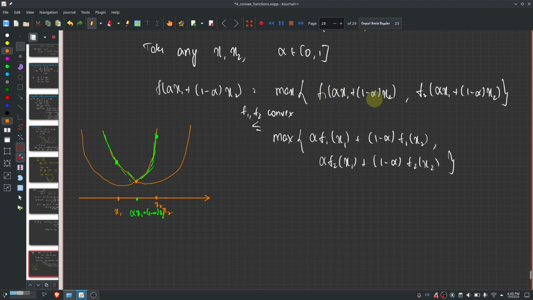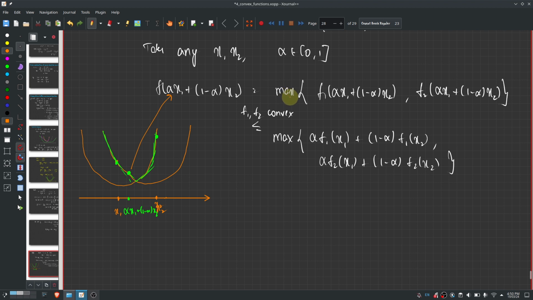Now, what about f1 of alpha x1 plus 1 minus alpha x2? Maybe this was not such a great point. Let me move this a little bit. Let's suppose that this is my alpha x1 plus 1 minus alpha x2. So f of alpha x1 plus 1 minus alpha x2 would be this point over here.